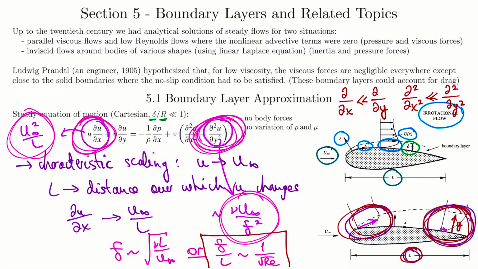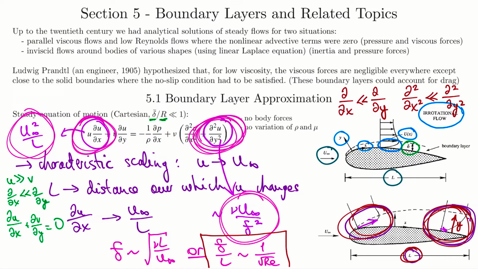Now we're going to look at how our v velocity varies within the boundary layer. For this, I will use a different color because I'm getting a little tight on space already. We're going to consider the continuity equation. Now we know that u is much, much larger than v here, and as we mentioned, our changes in x are much less than our changes in y.